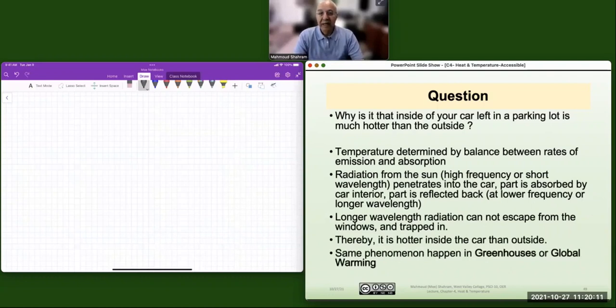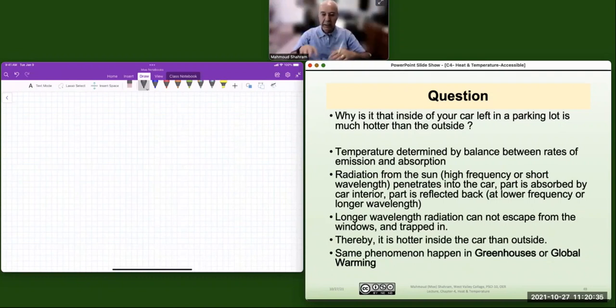Now, the same thing happens in a greenhouse. In a greenhouse, you put a transparent material, glass or plastic or what have you. The radiation from the sun comes in, say during the winter time, and penetrates inside.